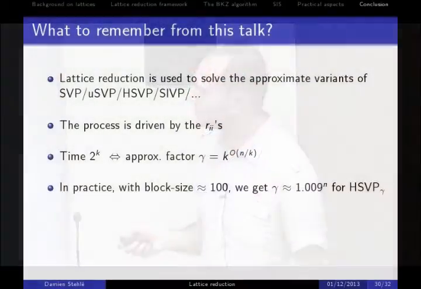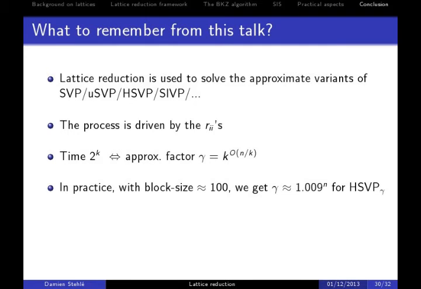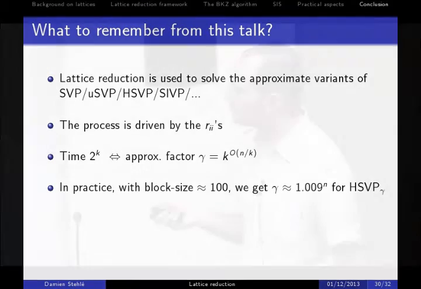Okay, so let me conclude. What to remember from this talk? Lattice reduction is used to solve the approximate variants of most lattice problems, SVP, uSVP, HSVP, and so on. And the process is driven solely by the diagonal coefficients of the R factor, so that's all that matters in the process with respect to cost.